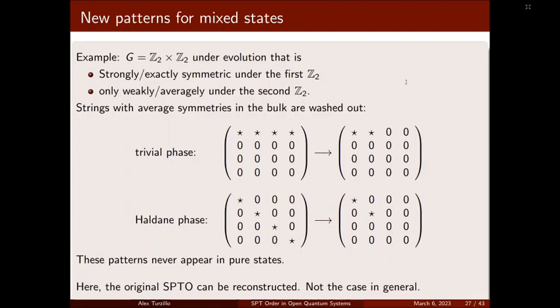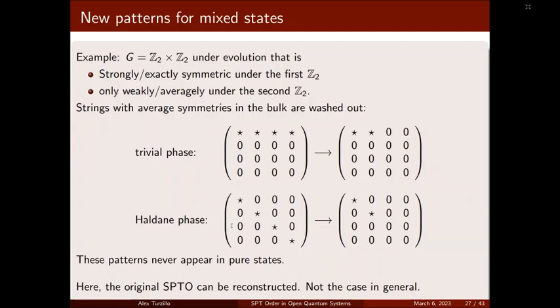So the two phases that I mentioned before, which are shown on the left, top and bottom, are the patterns of zeros of the pure states corresponding to some state in the trivial phase and a state in the Haldane phase. But they get evolved under channels satisfying this half exact, half average symmetry condition into the patterns on the right. And these patterns never arise for pure states.